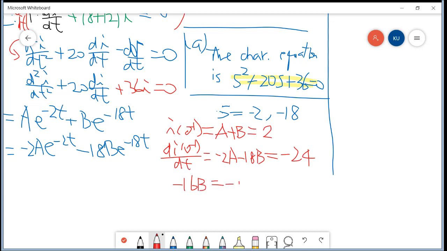equals minus 20, which means that b is actually 5 over 4, which is 1.25. And then we substitute this one into here, so that we'll get a is 0.75.